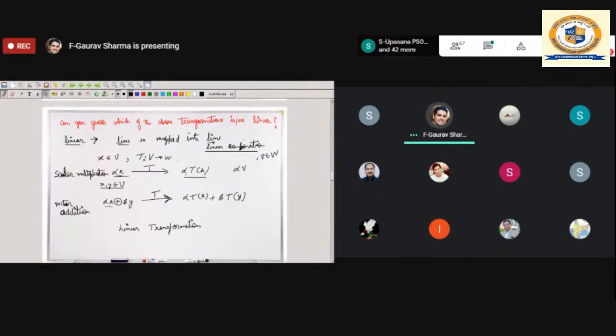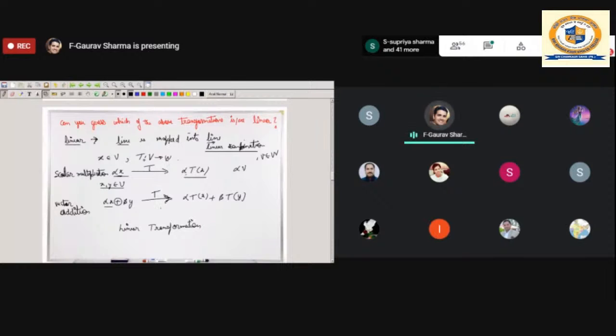So we have taken the power 1 only, alpha x plus beta y. Again, we are getting a linear combination of vectors of W. Tx will be a vector of W, Ty will be a vector of W, because these are images of x and y under T, and T is a map from V to W. So whatever we take from V, T will map that point to a vector of W.